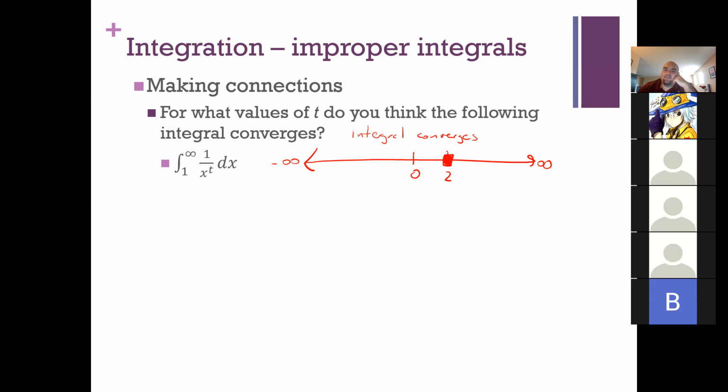So we can take for granted that when t equals 2, this thing converges. So let's work from there. What if we have something bigger than 2? Like what if we have 10? Do we think that integral will also have a finite value? Can we actually get that one to converge?